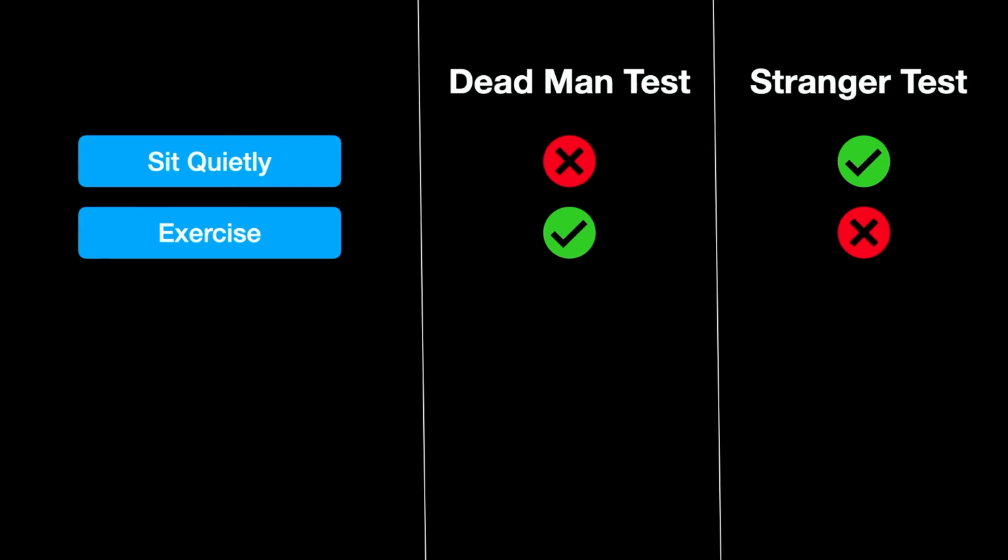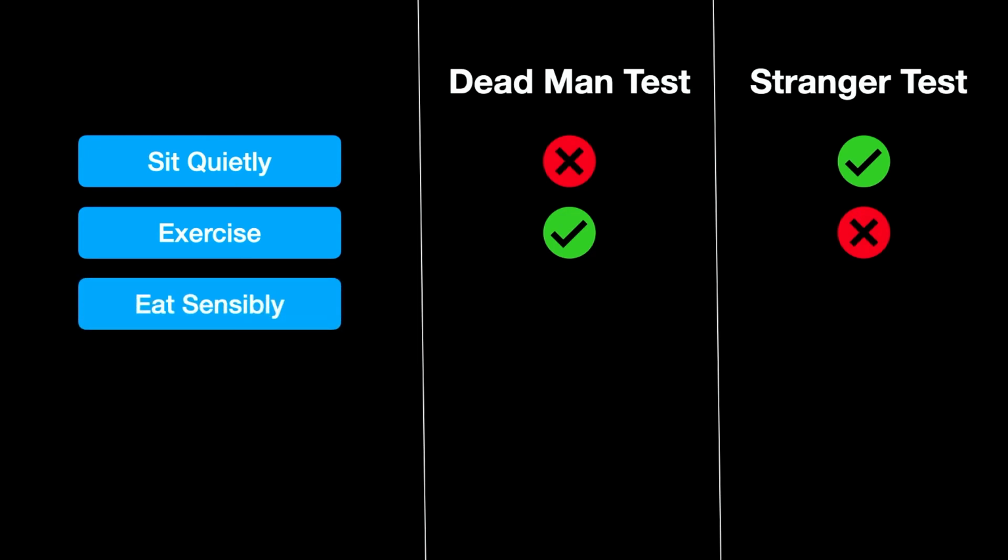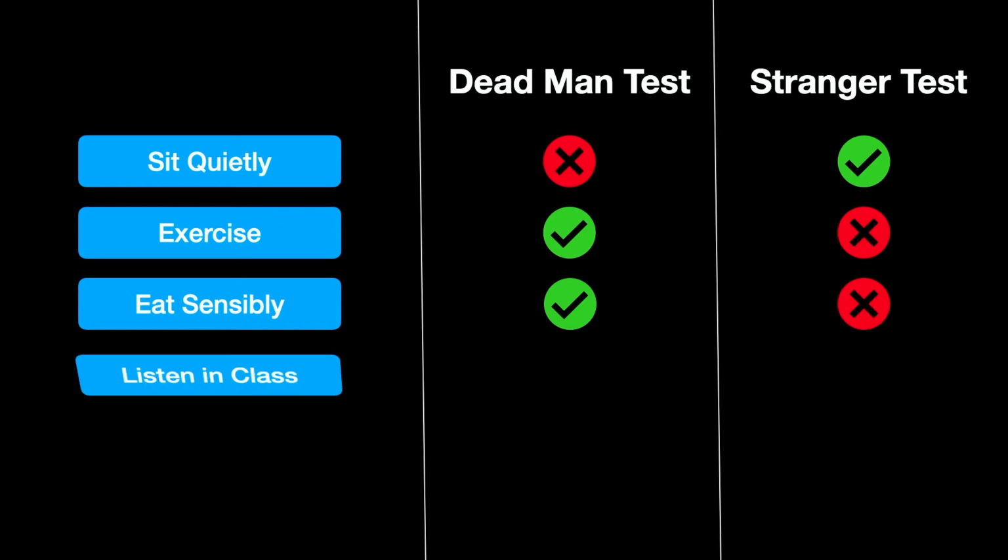And usually when you work with an athletic trainer, they actually have a chart, and you actually go through the steps and you actually document very specifically what you mean by exercise. Eat sensibly. Again, dead men can't do that, so it passes the dead man test, but we probably all have different definitions of what we mean by eating sensibly.